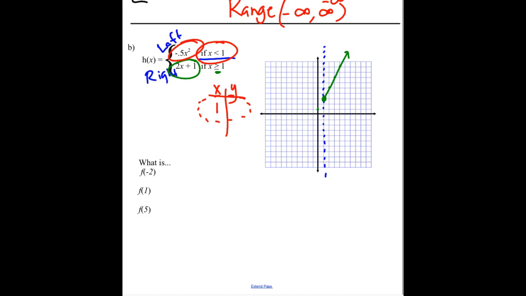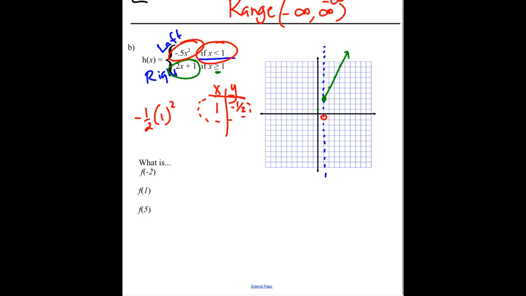We're not actually going to be there. We're going to get really, really close to that value. But I need to know where that open circle lands. Okay? So if I put a 1 in here, what's negative 1/2 times 1 squared? All right. So when I am at 1, negative 1/2, there should be an open circle there.